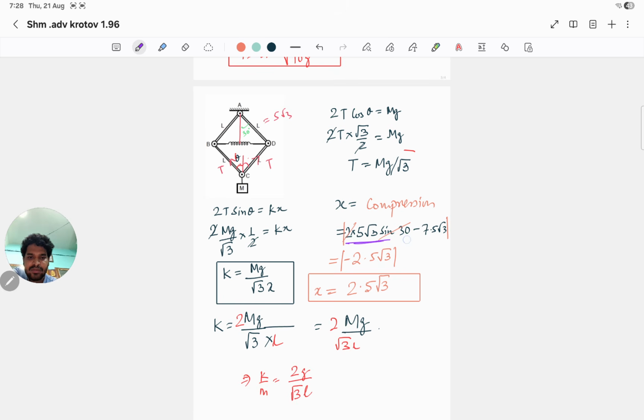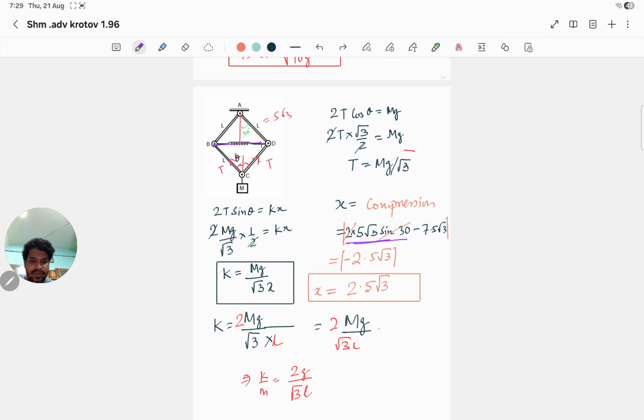If 5√3 is L, you may write 2L sin 30, that is L, minus 7.5√3, or directly 2 into 5√3 sin 30. The 2 and 2 cancel, sin 30 is 1 by 2, so 5√3 minus 7.5√3 is minus 2.5√3. So x is coming like 2.5√3.